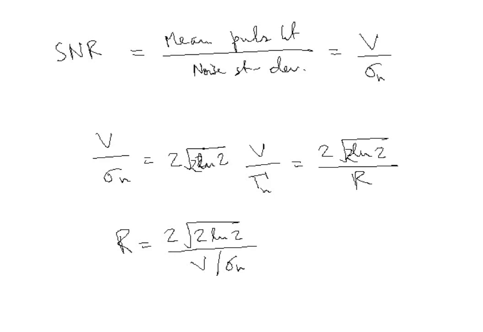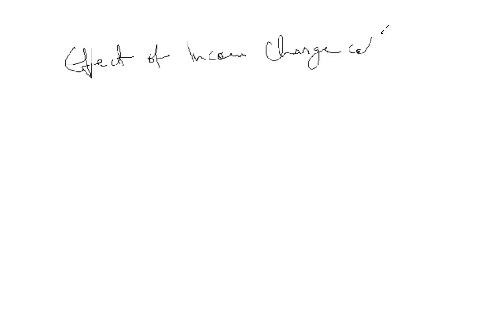Now let me talk about the last two parts very briefly. So it is the effect of incomplete charge collection. Basically the effect of incomplete charge collection in gas filled detectors is small compared to the effect of the statistical fluctuations.